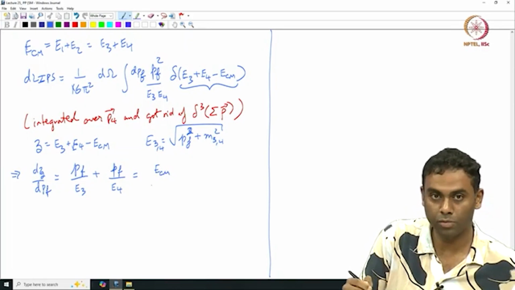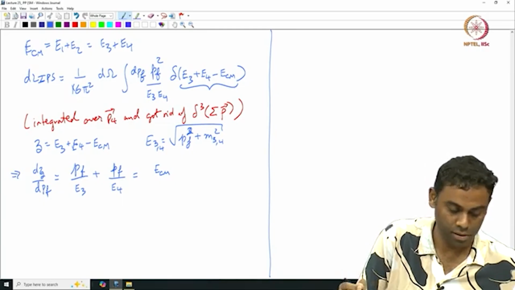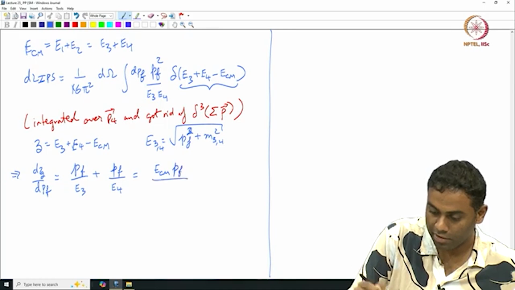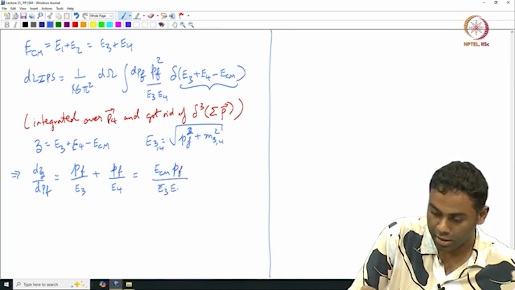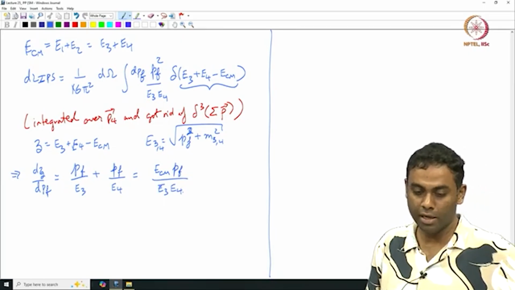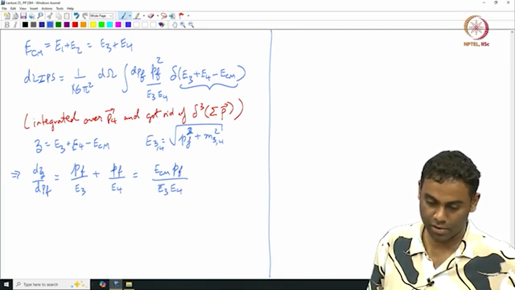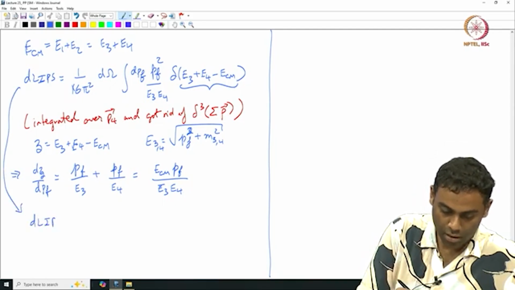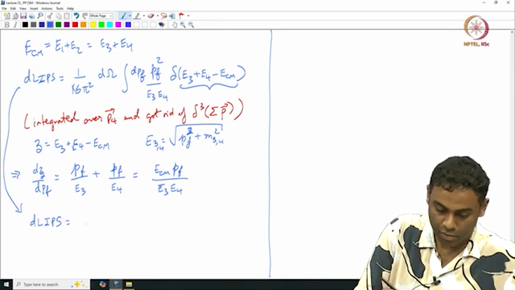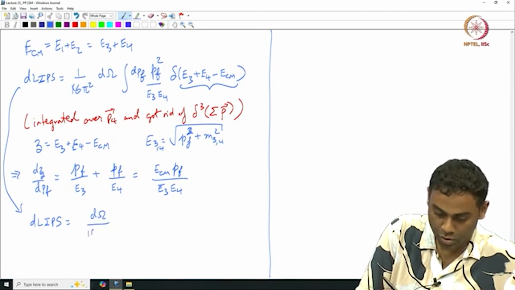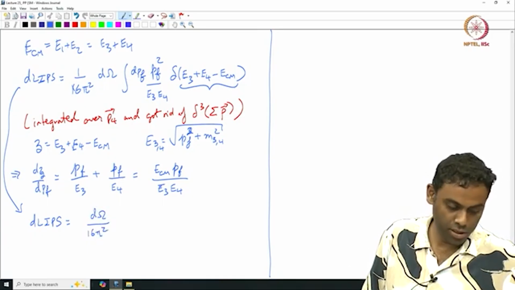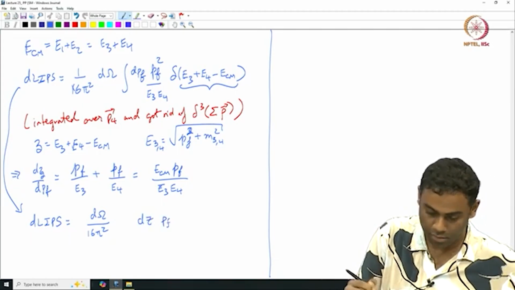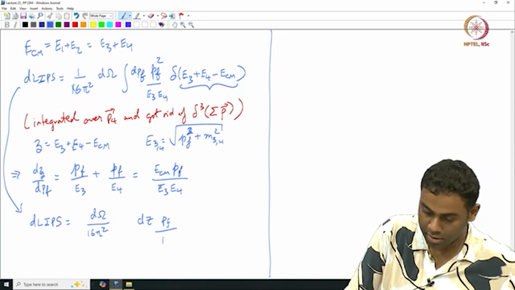If I cross multiply, I get E3 plus E4 in the numerator. So that's nothing but ECM. I still have the PF, and downstairs I have E3, E4. So I'm just changing variables from PF to dz. Okay, that would mean d ellipse is d omega over 16 pi squared. Now I have a dz integral. Okay, PF I can keep for now.